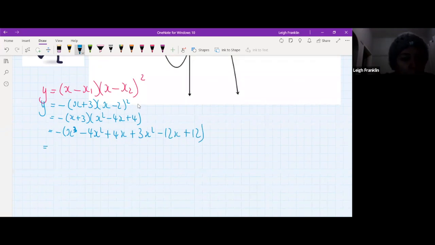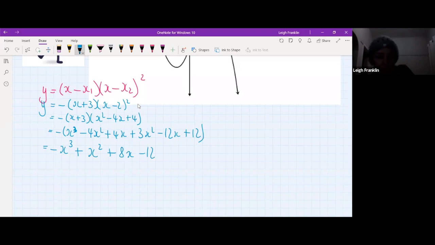And then moving the brackets, minus x cubed, then that would be plus 4x squared minus 1x squared, and then it would be minus 4x plus 12, so that would be plus 8x, and then it would be minus 12. Okay, nice. So we got the same answer there. Quite right. Minus x cubed plus x squared plus 8x minus 12.